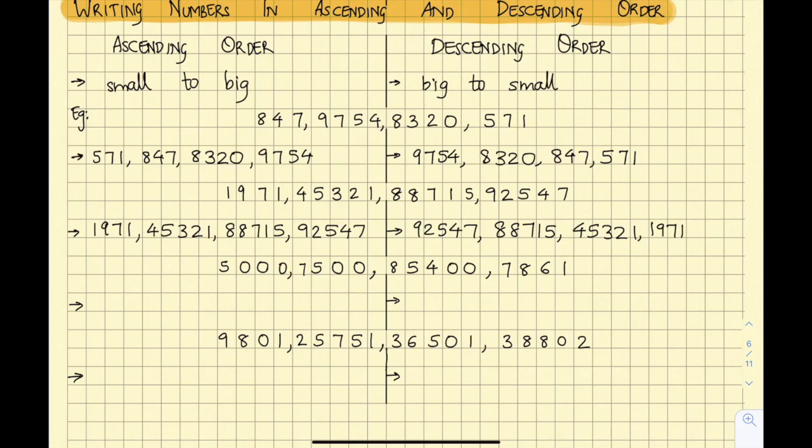Now the next question what they have given to us is 5,000, 7,500, 85,400, 7,861. So here we have the smallest number as 5,000. Then the next number, smaller one is 7,500.